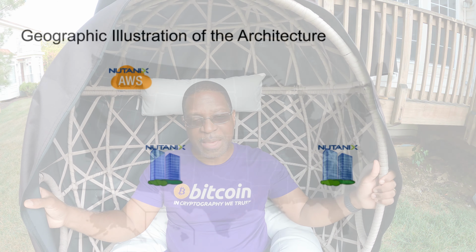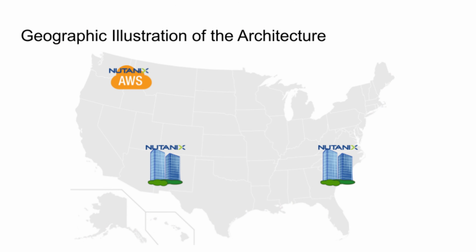But before we get into that, let's take a look at a map. On this map, I've depicted a couple of on-premise Nutanix clusters, represented by the clusters in the North Carolina area and Phoenix areas. These are our on-premise Nutanix clusters. Rounding out the demonstration, I've got a Nutanix cluster running on AWS bare metal in the Oregon region or availability zone.